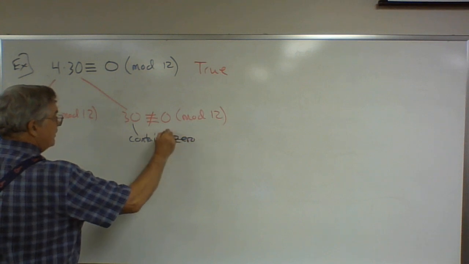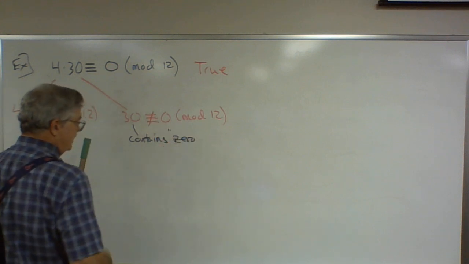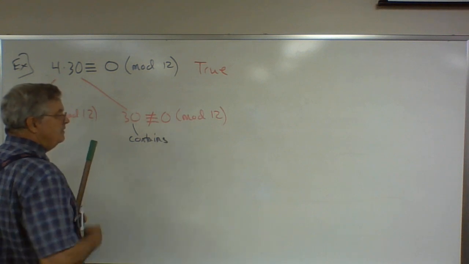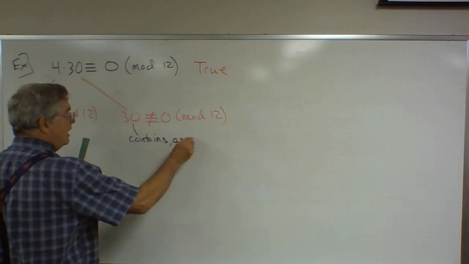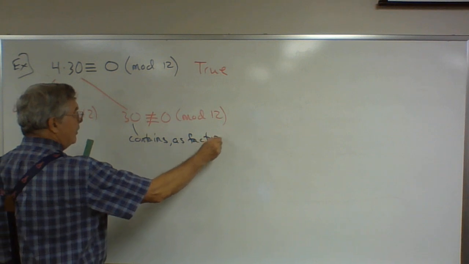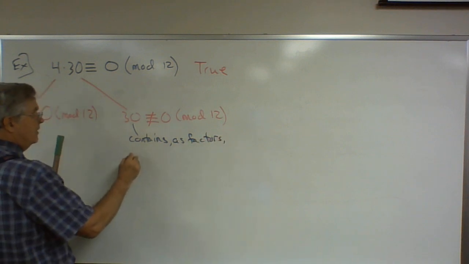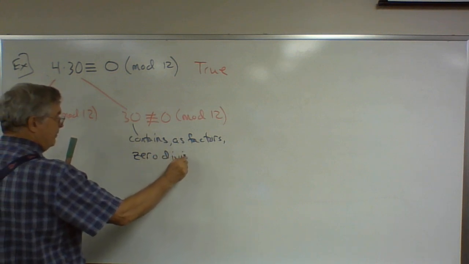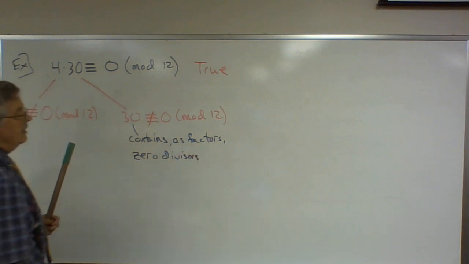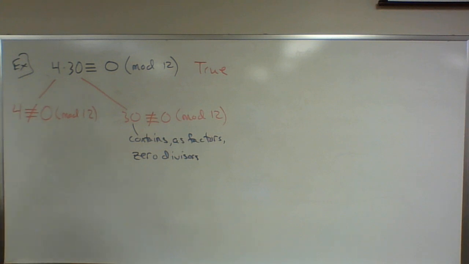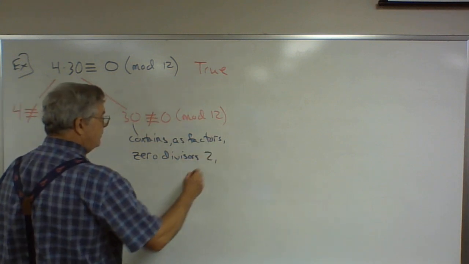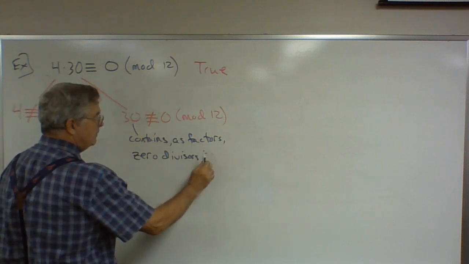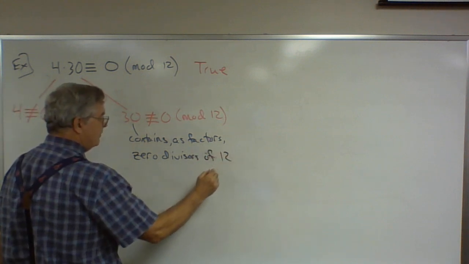30 contains zero divisors as factors. Let me write this out nice and pretty. 2 is a zero divisor of 12.